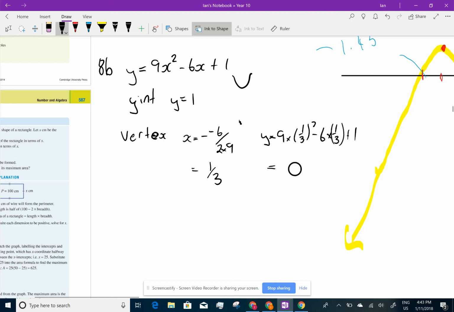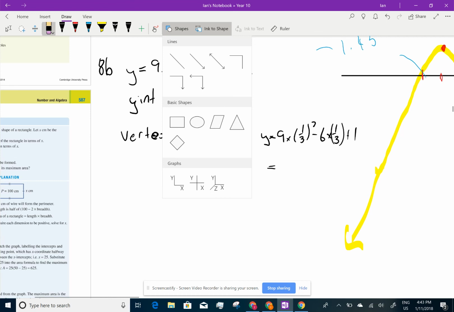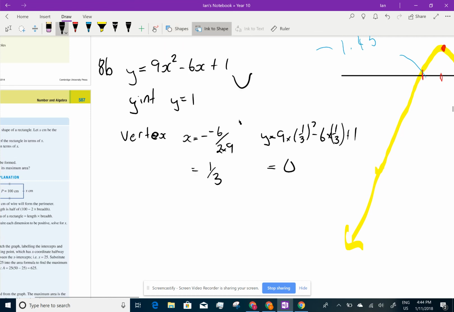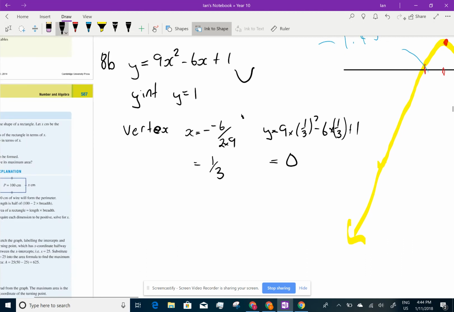Oh, just give me a second, it's got into shape. Equals 0. Now, smart people amongst you are going, well, the vertex is a root. If the vertex is a root, they're double roots. But let's just check. Now, I could factorise that, but I'm just going straight to the discriminant. b squared minus 4ac, which is minus 6 squared minus 4 times 9 times 1.